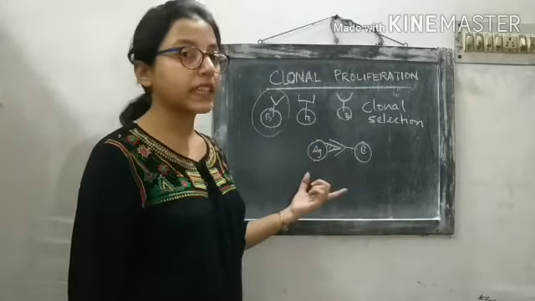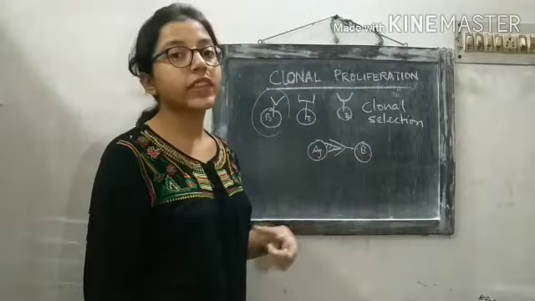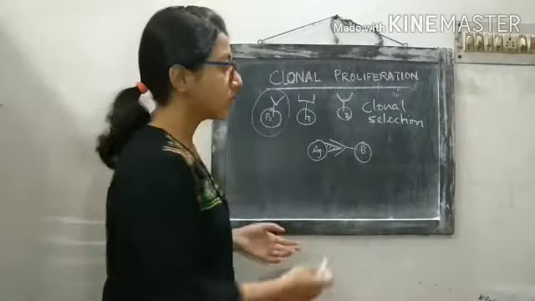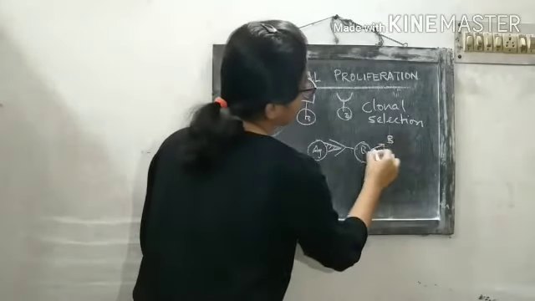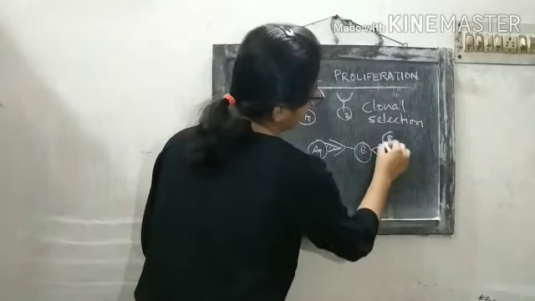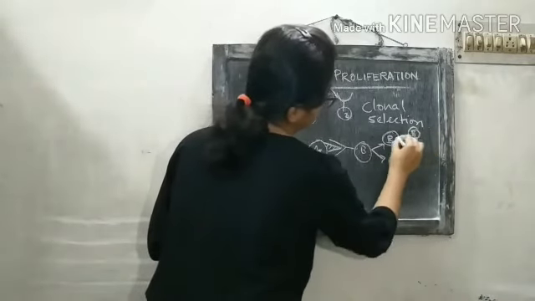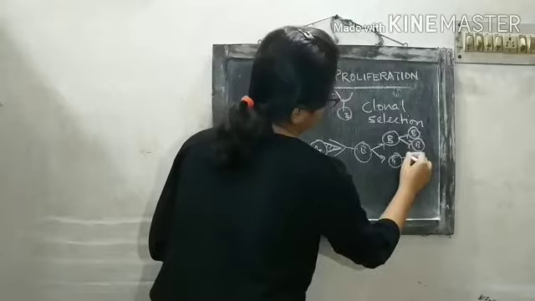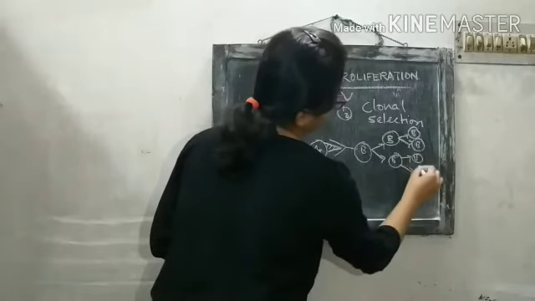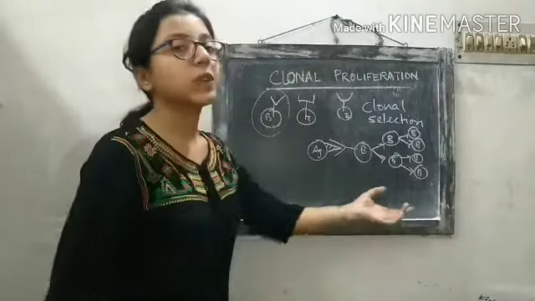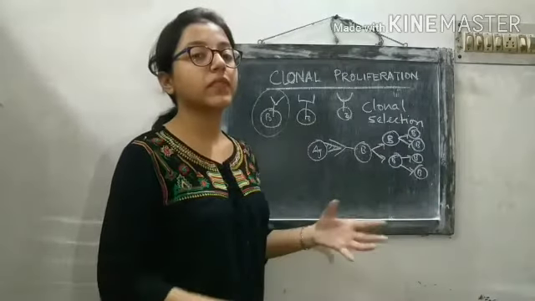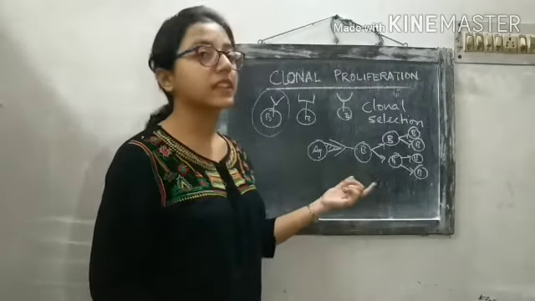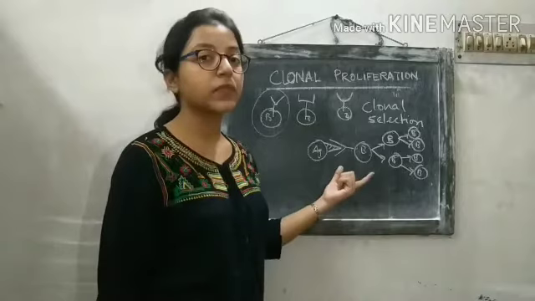And after binding, what happens? This B cell will now divide in number. This B cell will give rise to another two B cells. This is how the number of B cells will increase. The number of B cells was initially one.